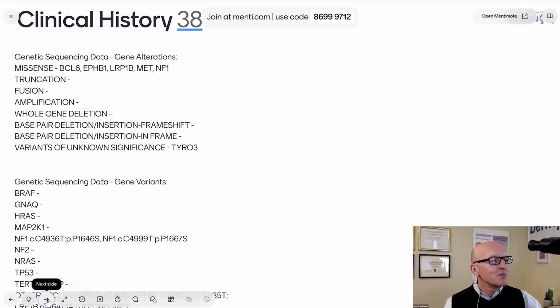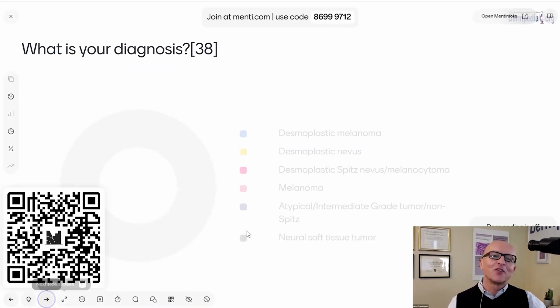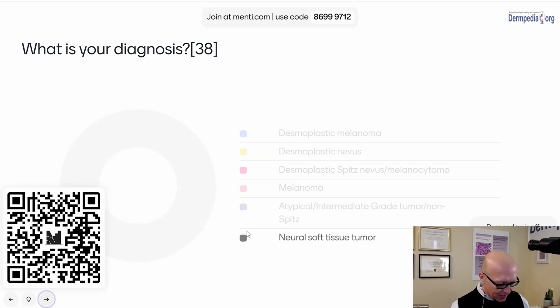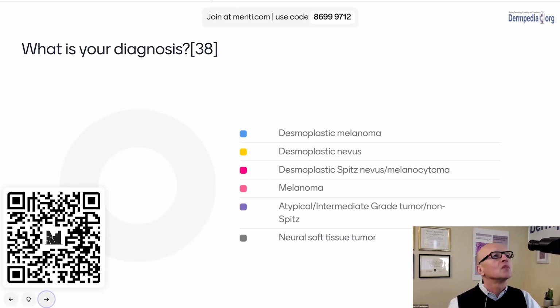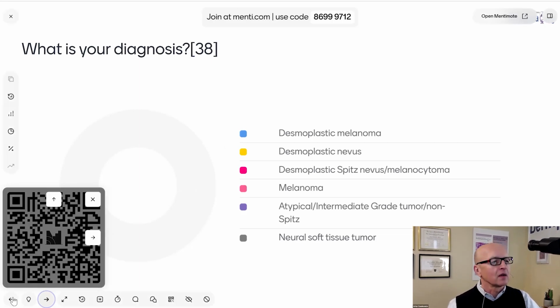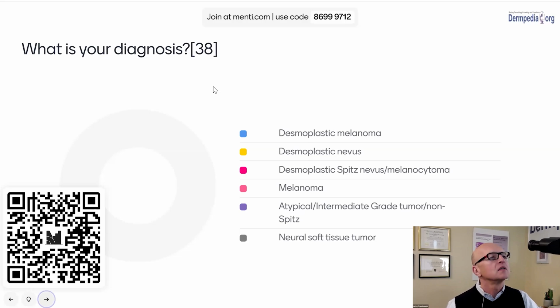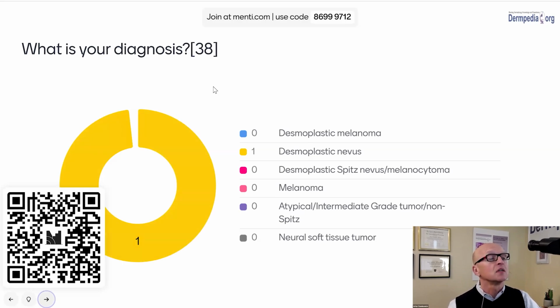So this may be too difficult a question to ask, but given this genetics, would you change your assessment of this lesion? This NF1 genetic abnormality, whether that information will change your opinion.